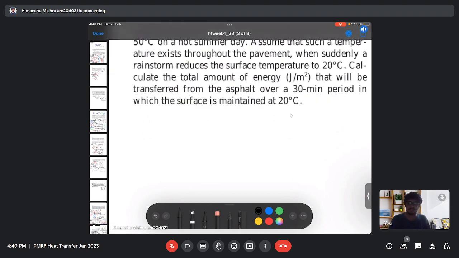So, assuming this as a semi-infinite body, we can use the same relation that we have just discussed. Here alpha is my thermal diffusivity. Now the question says that we need to calculate the total heat transfer over a 30-minute period.